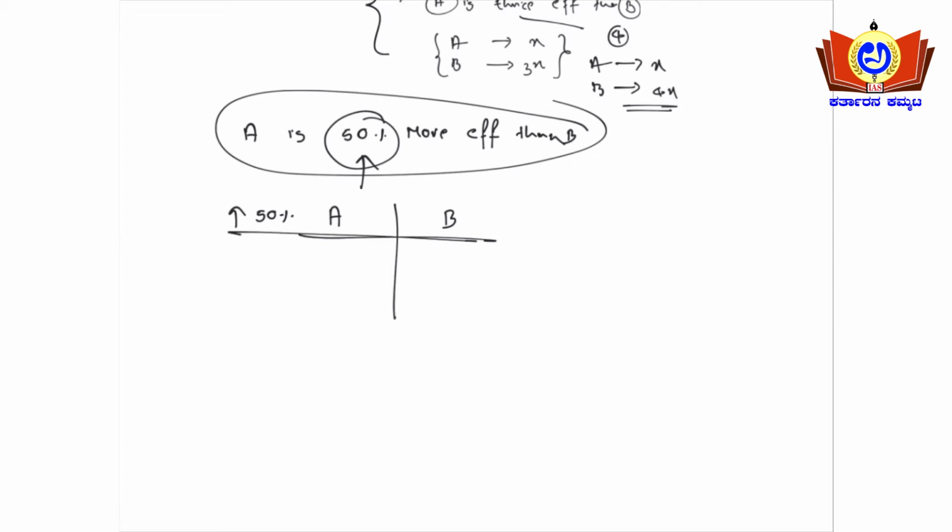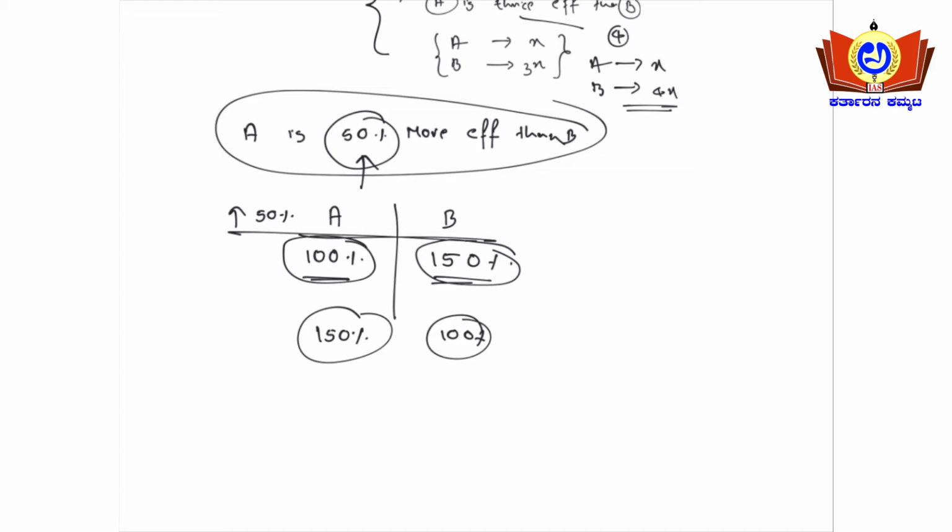Then if A is completing 100% of work, B will be completing 150% of work in the same time? No, this is wrong actually. The substitution should be like this: when A does 150% of work, B will be doing 100% of the work. This is as simple as that.